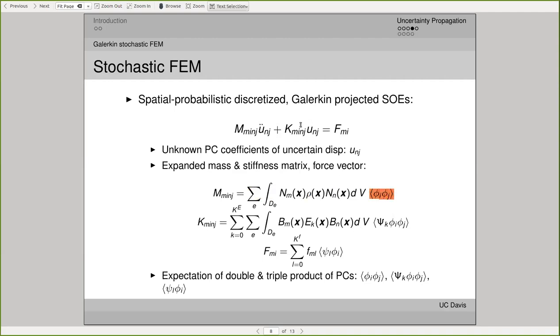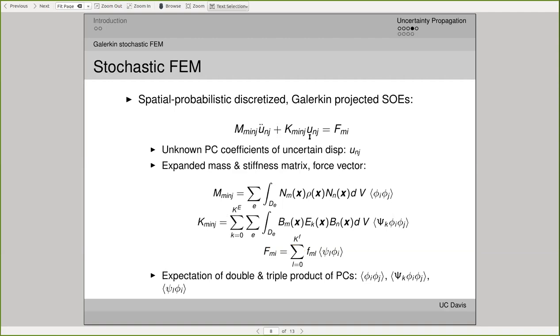And also you will have a stiffness term. Again, this is not a conventional deterministic stiffness. This is the expanded stiffness matrix, where you have a deterministic stiffness combined with the triple product of the Hermite polynomial chaos basis. And similarly, you have an expanded forcing term.